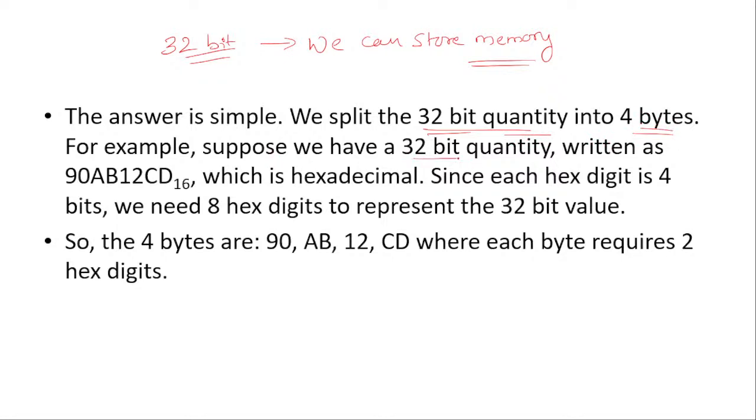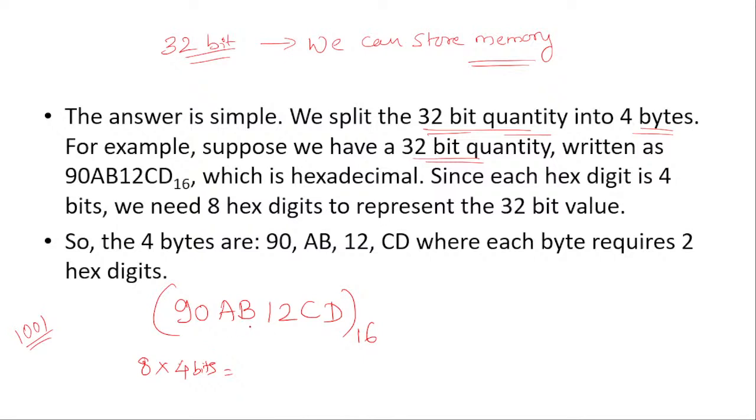For example, a 32 bit quantity written as 90AB12CD. This is a hexadecimal number, base 16. How many digits are there? 8 digits.